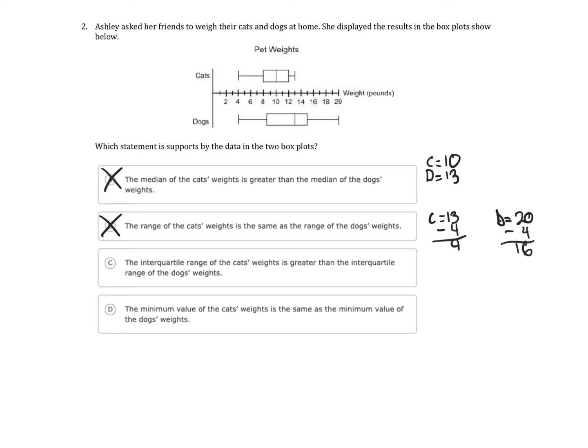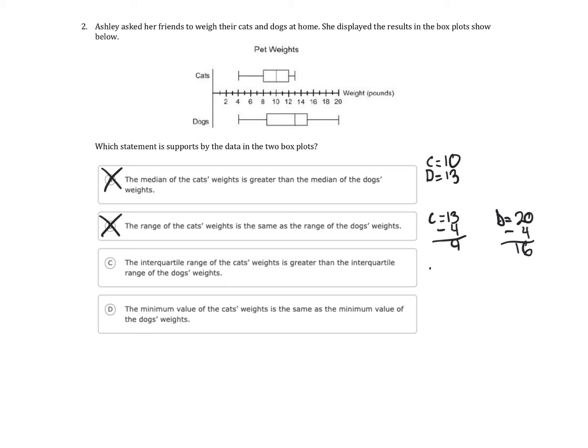Now C says the interquartile range, or IQR, of the cat's weights is greater than the IQR of the dog's weights. So the IQR, or interquartile range, is just the top part of the box, the Q3, minus our Q1, which is the bottom part of the box.